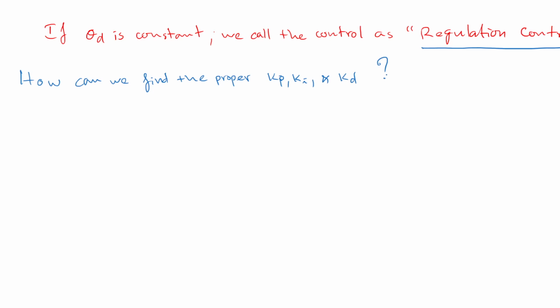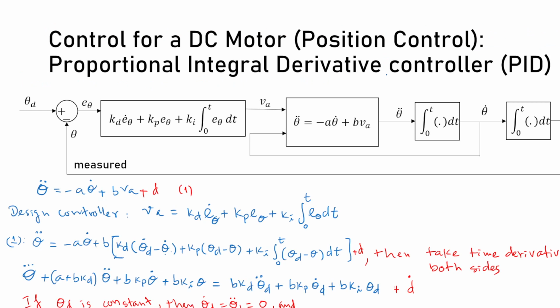Another way is to analyze the differential equation that we have done many times. So here, I try to find the characteristic equation from here. Can you remember this well? I need to copy it.